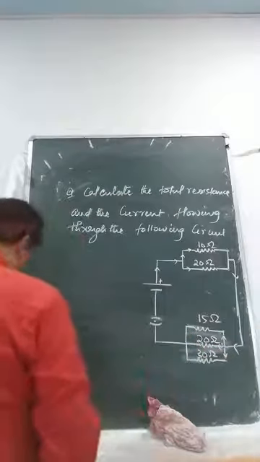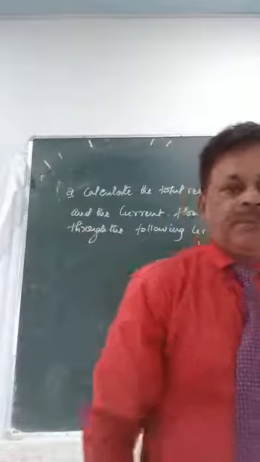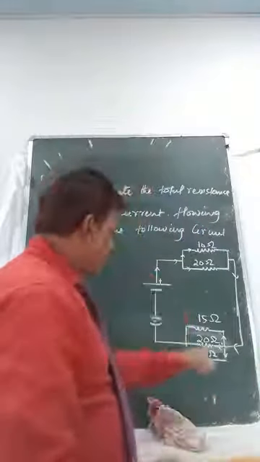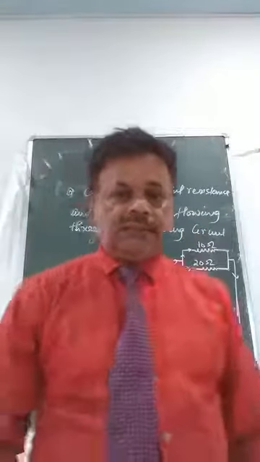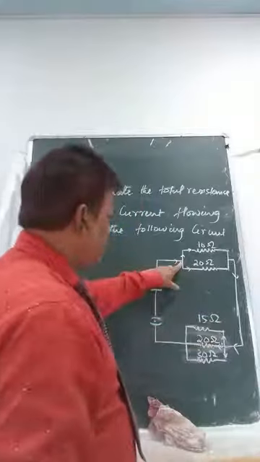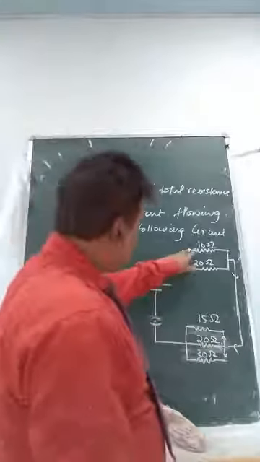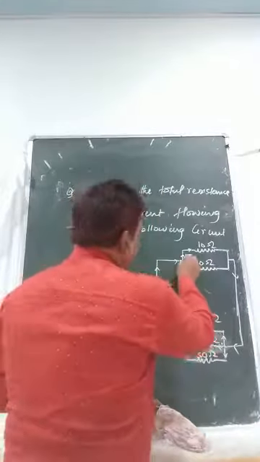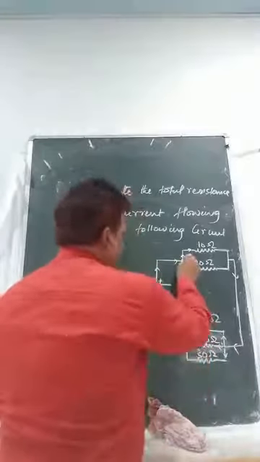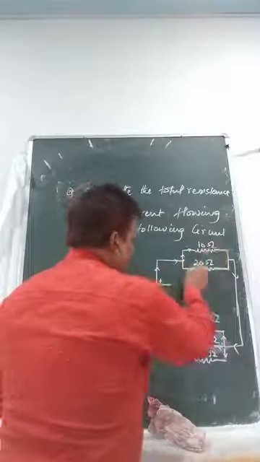Okay. First, we have to find out what is the total resistance in this. Look at this point. If I go here, these two are in parallel connection, because from this junction one wire is going here, one is going here.